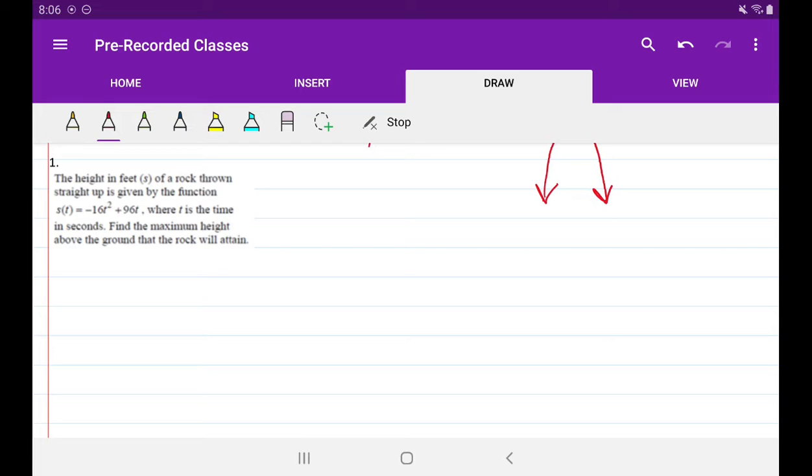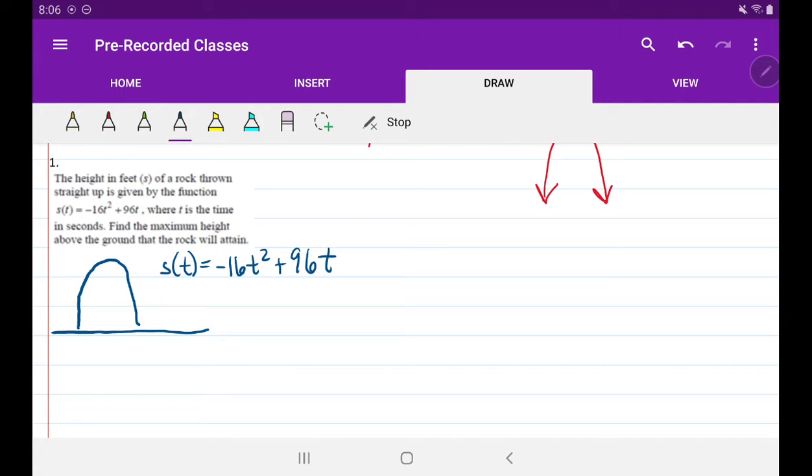All right, so I just want to draw you a quick picture of what's happening here. If this is the ground, and you're throwing a rock up from the ground, the rock follows a parabolic path, this upside down parabola. We have this function that the word problem gives us, negative 16t squared plus 96t.